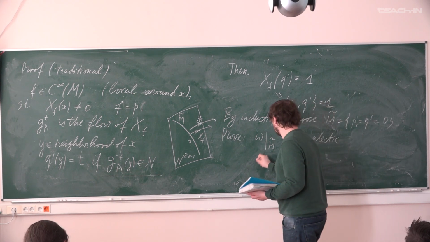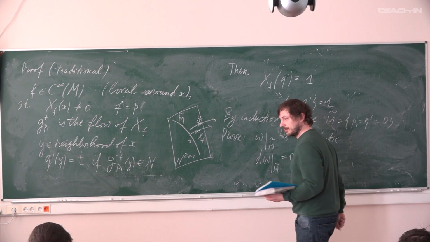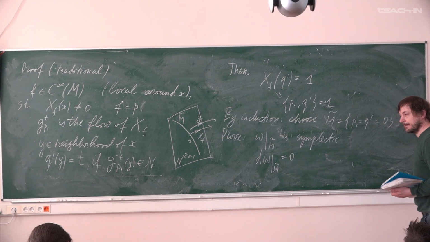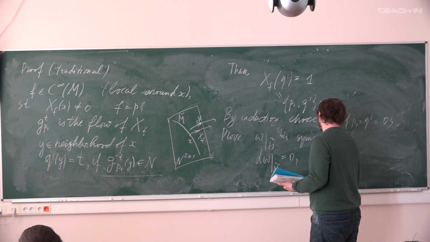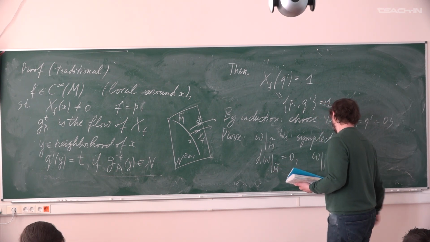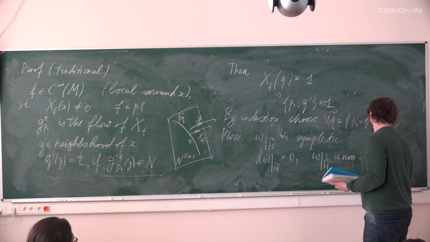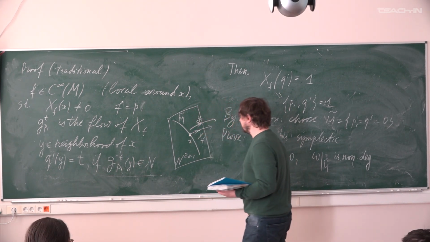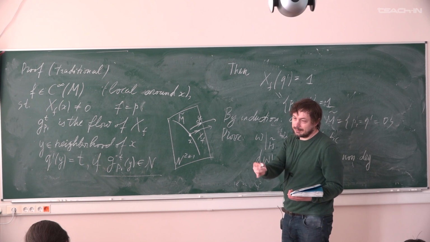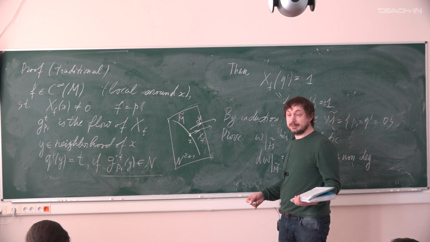But of course, d of this restriction vanishes, right? That's clear. And then you just need to check that omega restricted to M tilde is non-degenerate. But at the point x, it is just a restriction of the matrix to the hyperplane. And there it is non-degenerate by linear algebra. So in some vicinity, it will still be non-degenerate.